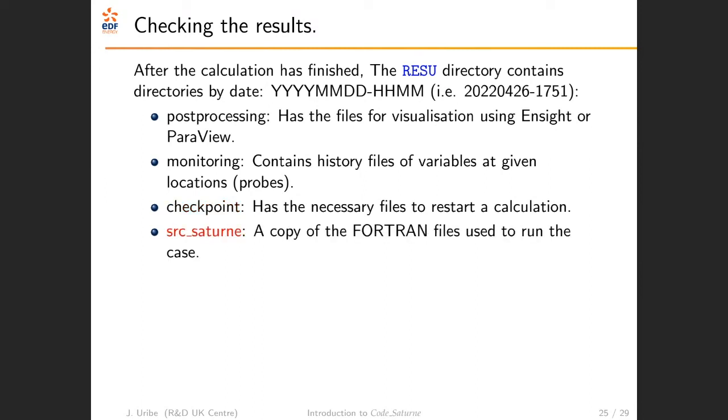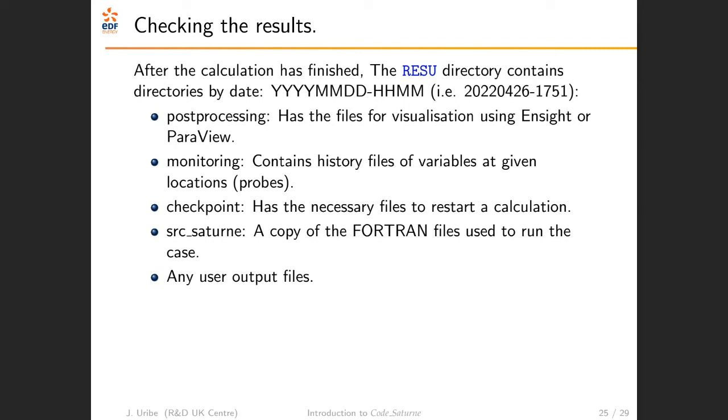It also has a copy of all the Fortran and C files that you used, and any user output file. So if you write a program that wants to extract a profile, for example, it will be in this directory as well. So effectively, after the calculation is finished, you will have anything that you need to rerun exactly the same calculation in there.